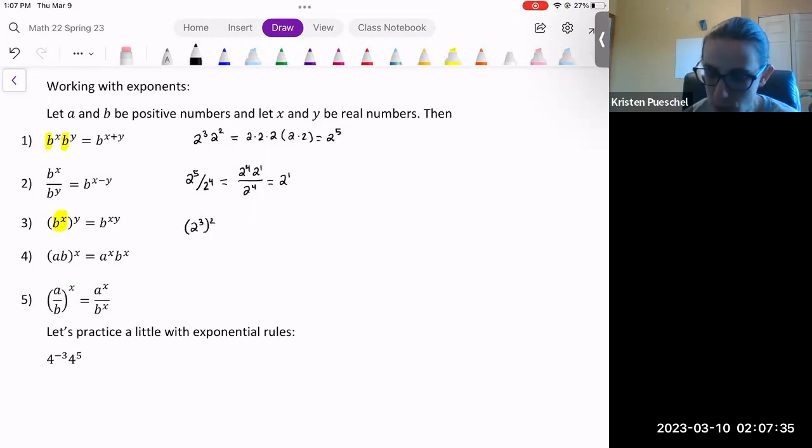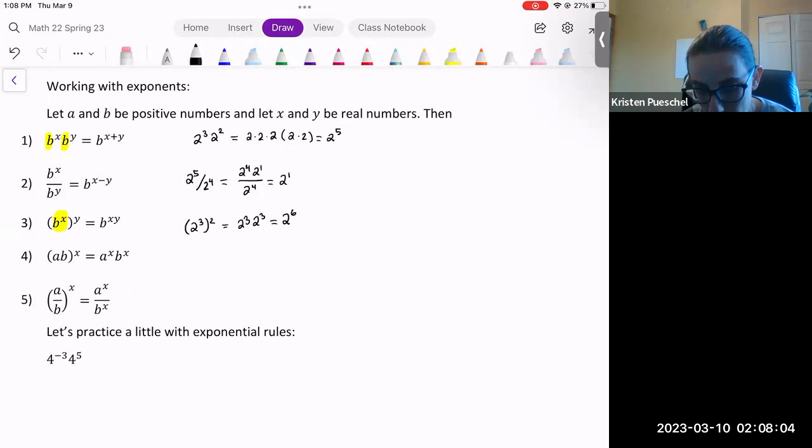So for example, if we have 2 cubed, and then that quantity is squared, this means we have 2 cubed times 2 cubed, or 2 to the 6th. Okay. All right, so in this case, our exponents just multiply.